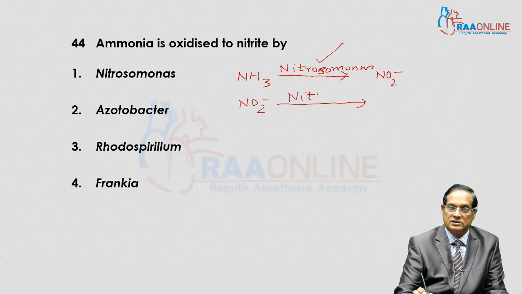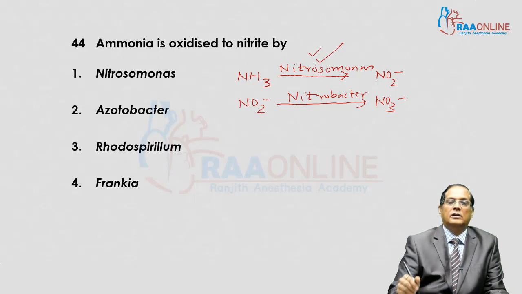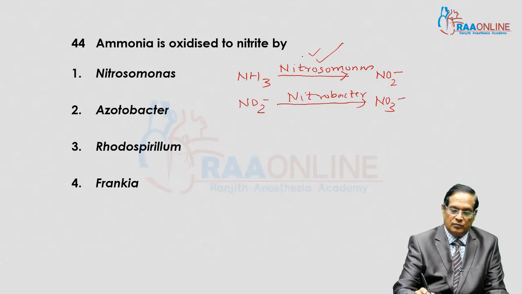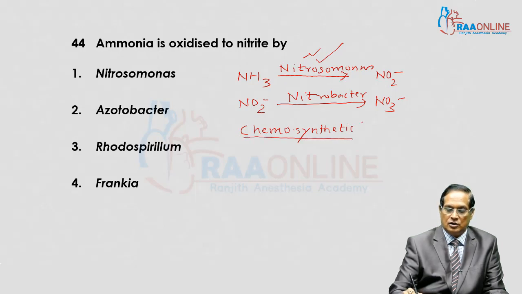The further work is done by the Nitrobacter bacteria, and they oxidize nitrite into nitrate. Both Nitrosomonas and Nitrobacter are chemosynthetic autotrophs.